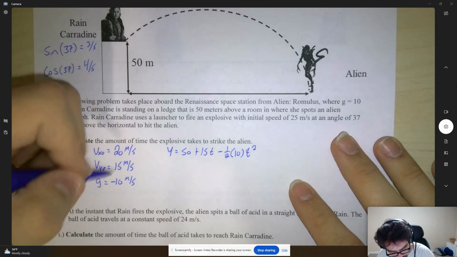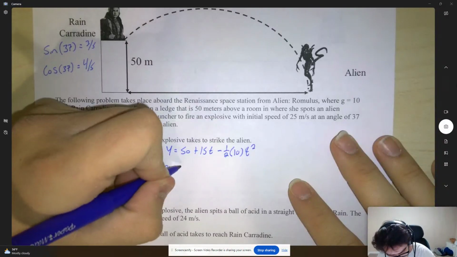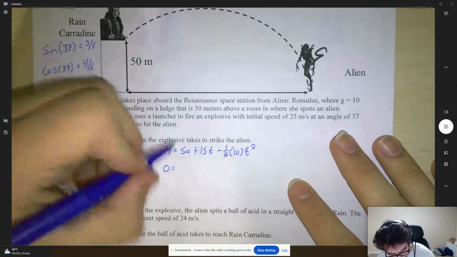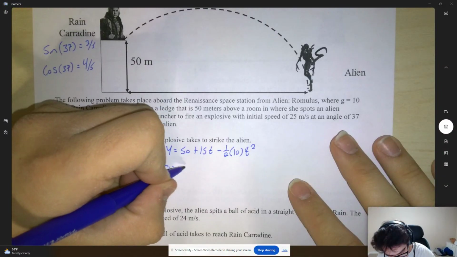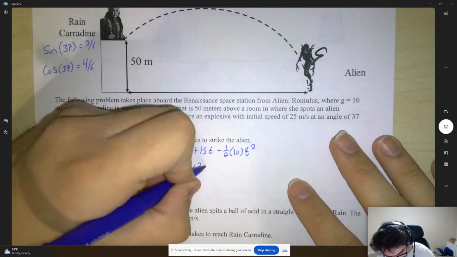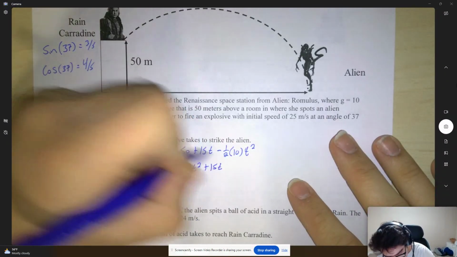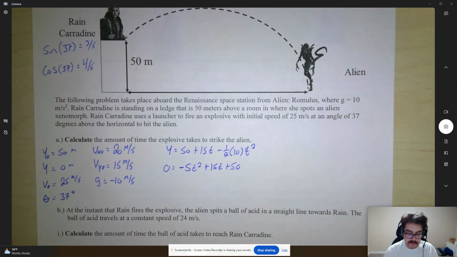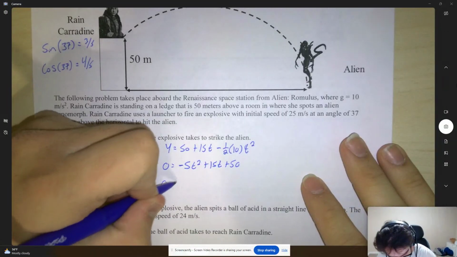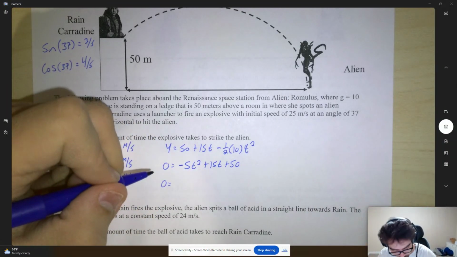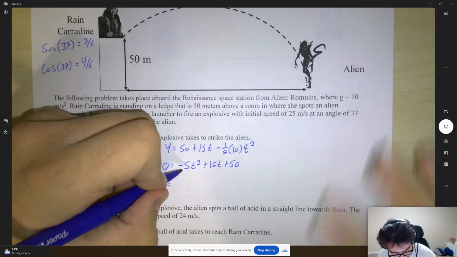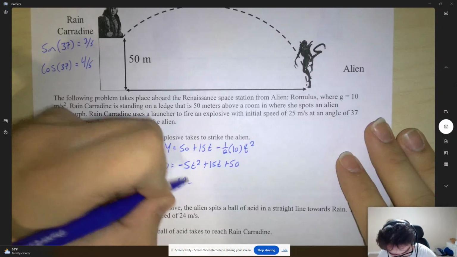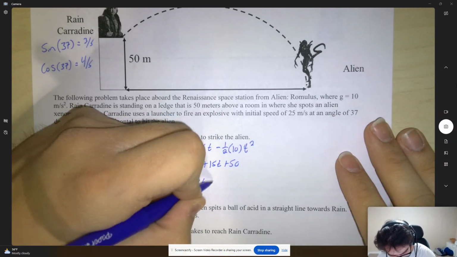Y final is 0, so it's going to be 0 equals, and I'm going to move my terms around a little bit, negative 5t squared plus 15t plus 50. I'm going to divide both sides by 5. Sorry, let's divide both sides by negative 5. And I should end up getting t squared minus 3t minus 10.